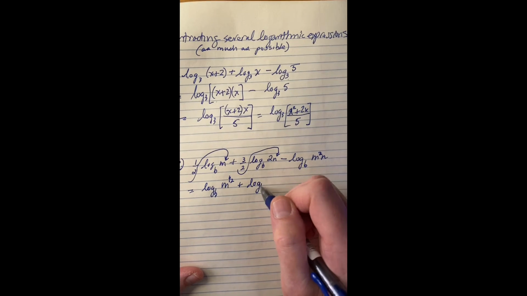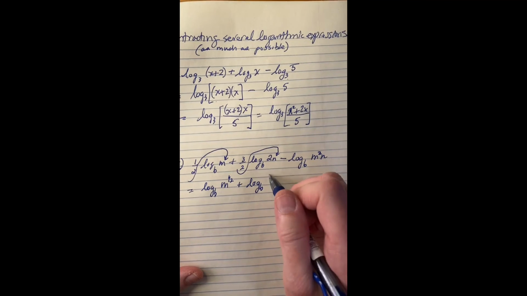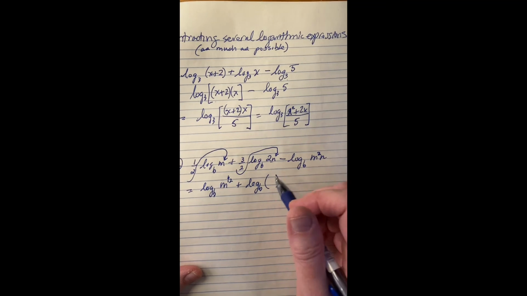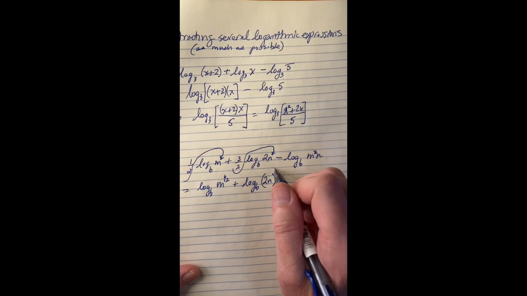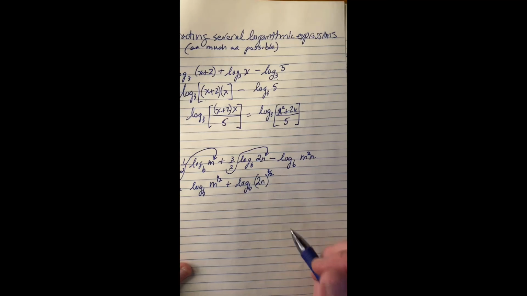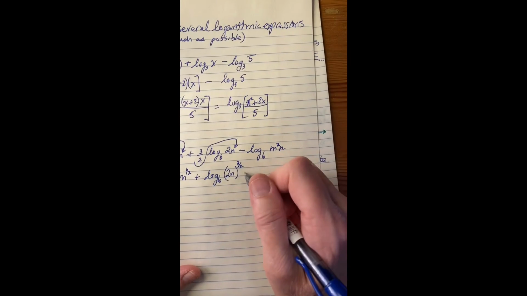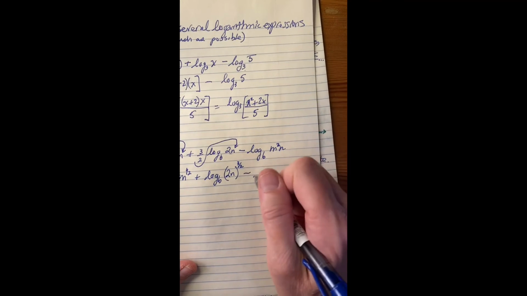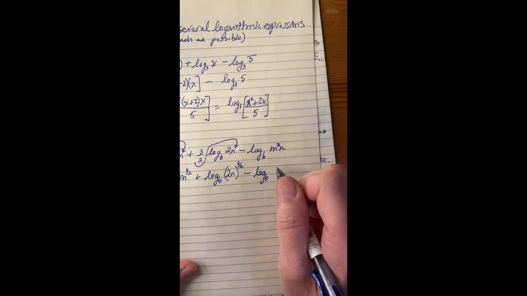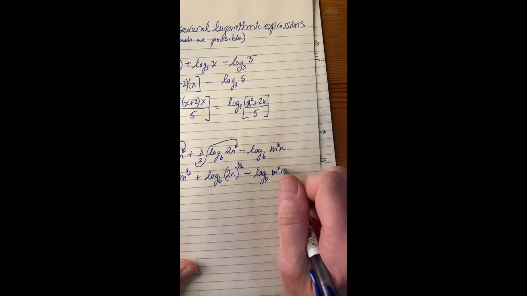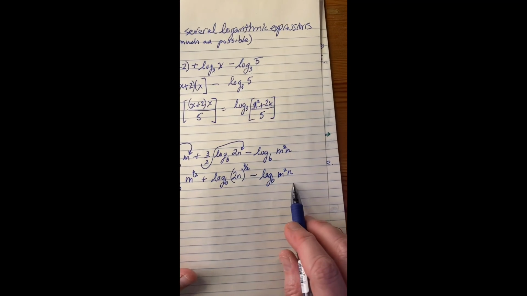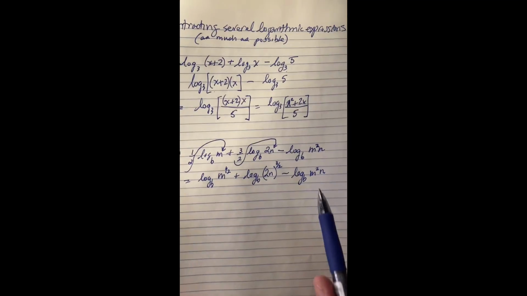Log base b, this 3/2 is going to become a power on the whole argument, 2n raised to the 3/2. We still have this minus log base b of m squared n. Should we split that up? No, we're supposed to be contracting, right?